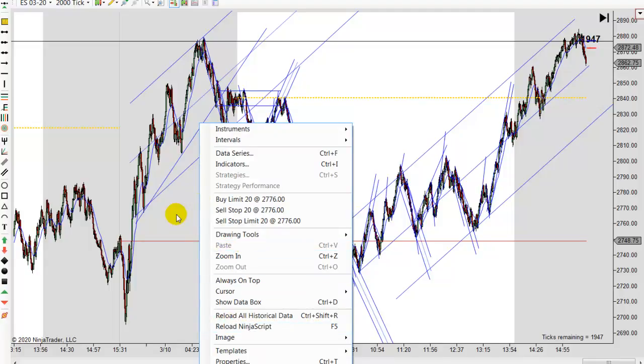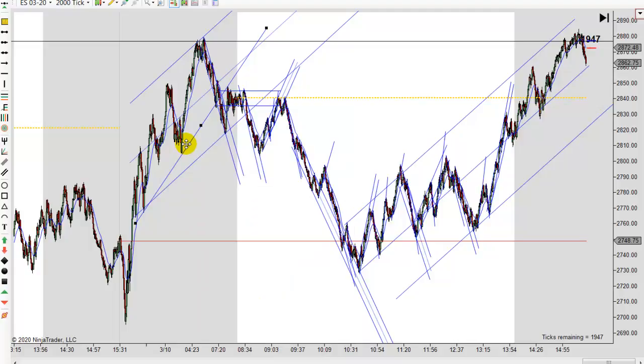I've been having some problems with my copy and paste today. There we go. But it may have been more like that right there, with a little overshoot, and that would have explained it reversing. But in this market, it could reverse and do anything it wants, and maybe it's even a little steeper than that.